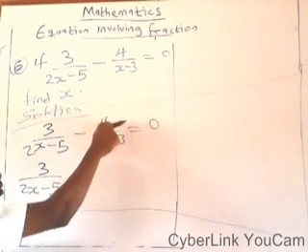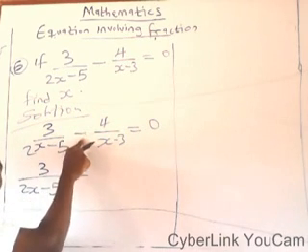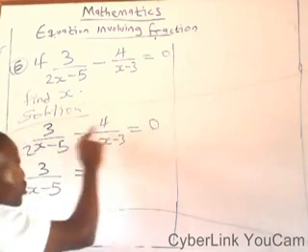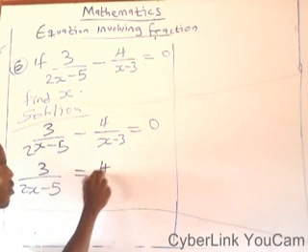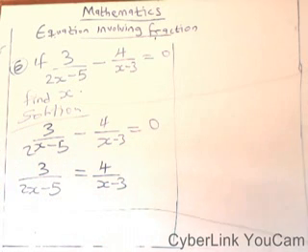So wherever this 4 over x minus 3 is moving to, it is moving along with the minus we have here. This minus wants to shift to the other side, but on getting to this other side, it's going to change to plus. We now have 4 all over x minus 3.